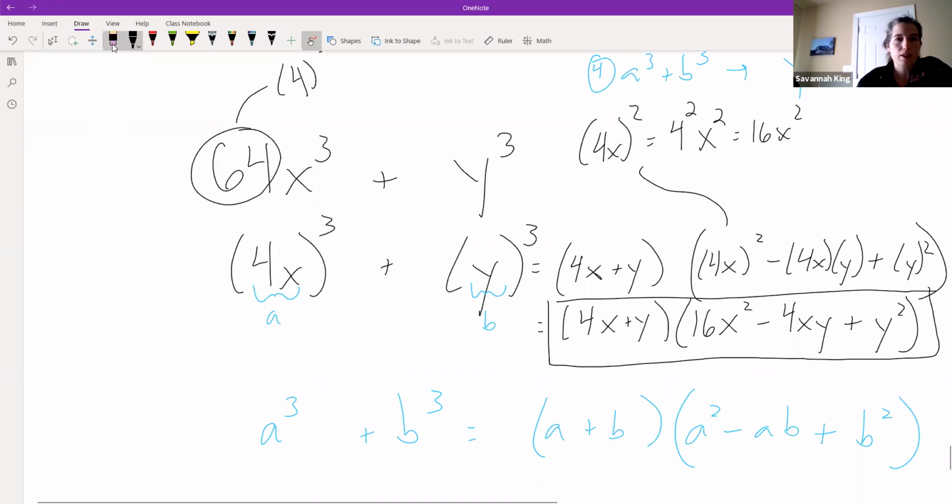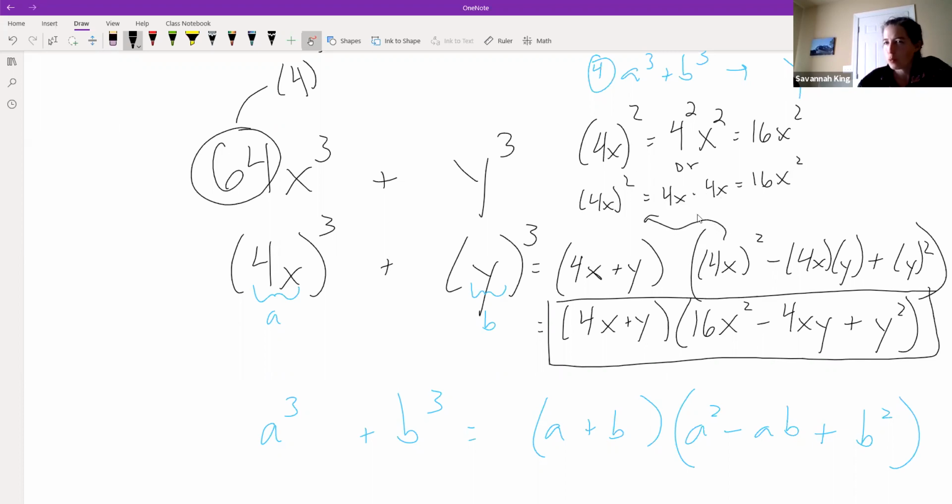Or if I kind of back off on my arrow here, you can think about 4x to the second power as 4x times 4x. And in that case, you'd have 4 times 4 would give you the 16. And then you'd have x times x would give you the x squared. One way or the other. Does one of those look like it makes sense?